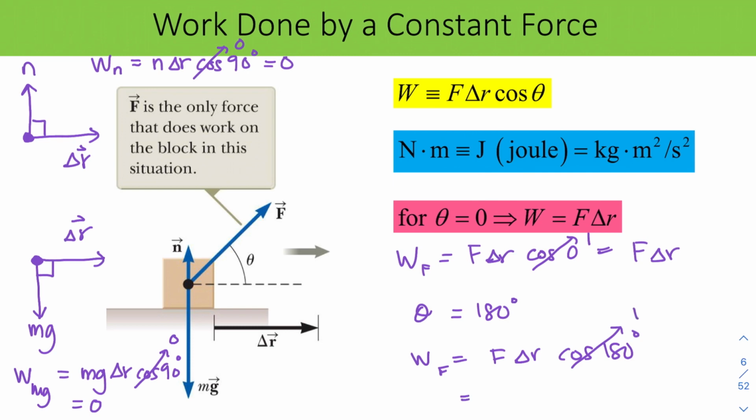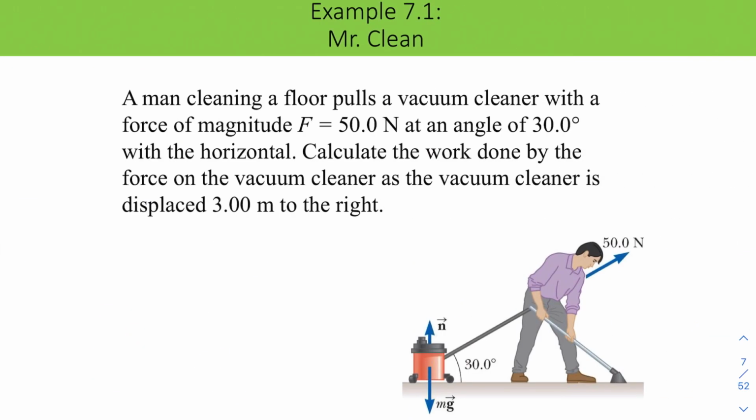Then the work done is going to be negative F delta R. What does negative mean? The work done on the object is negative. It means that the object is losing energy. If it is positive, the system or the object is gaining energy because work is done on it. That is the meaning.